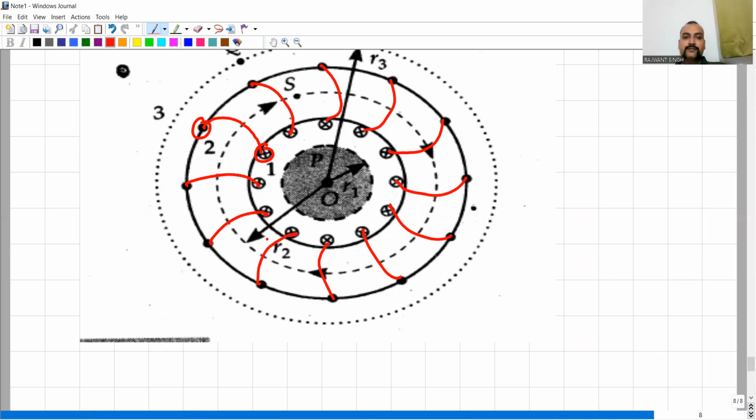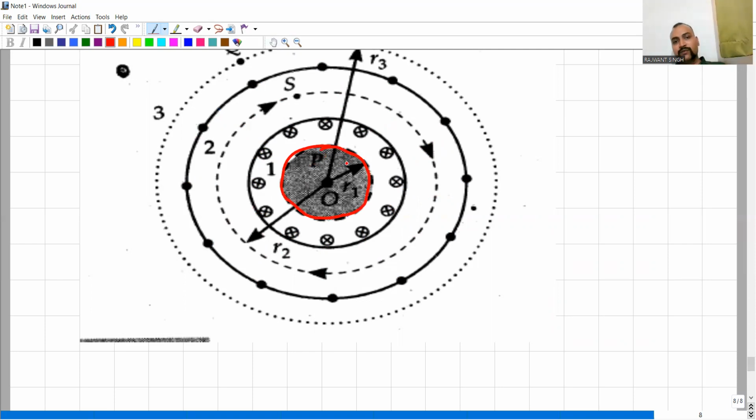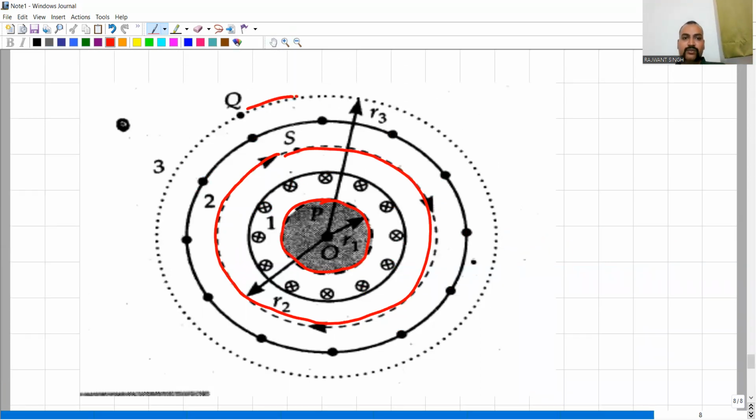Then you can see that there are three circles. This is one circular loop, within the center of the toroid. There's another circular loop which is inside the toroid, dotted line as you can see, and another circular loop here which is outside.